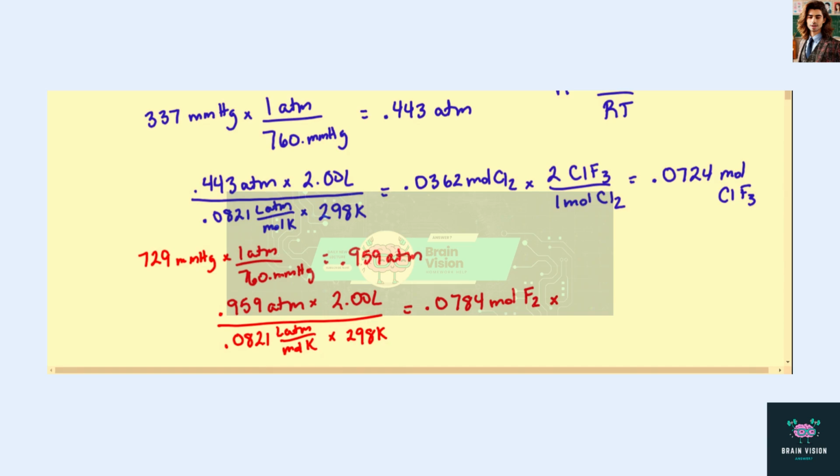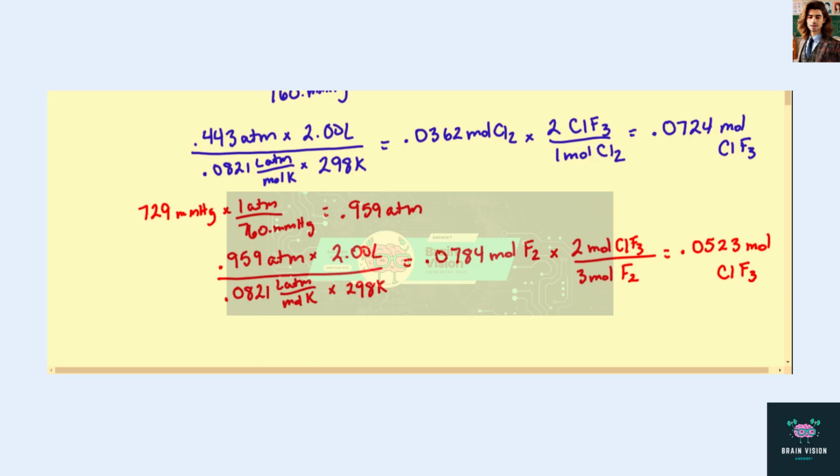I'm going to use that balanced equation again. For every 2 moles of ClF3 that I made, I am going to use 3 moles of F2. So when I do this math, I get 0.0523 moles of ClF3. Now, what do these numbers tell me?